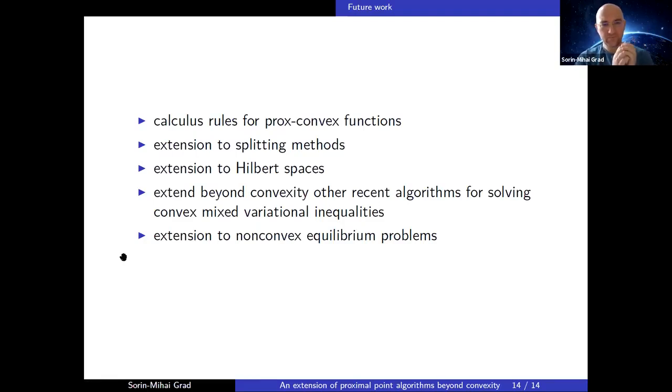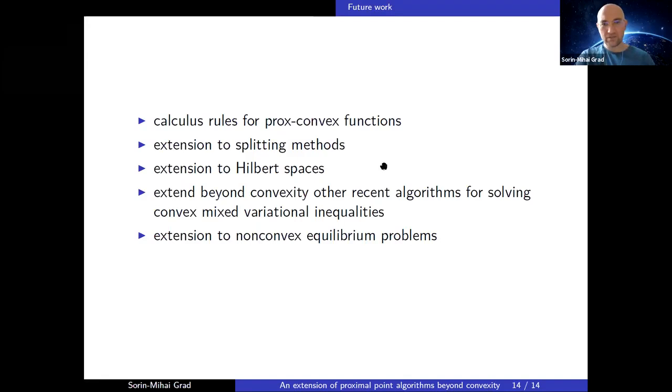So it's not sure under which hypothesis a prox-convex function multiplied by a constant stays prox-convex. Of course, for some examples it works, but for some other examples this doesn't work. So we are still to find out what exactly controls this thing.